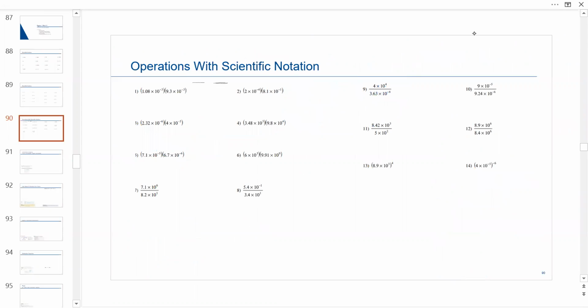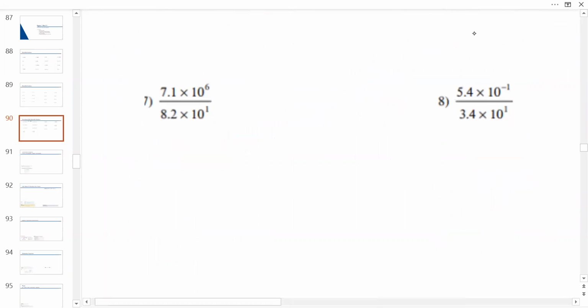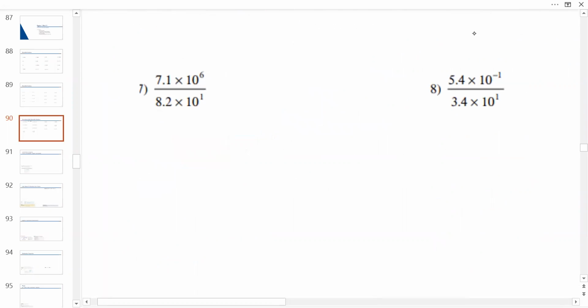How do they do the divide? When they do the divide, let's go back to the general one more time. So A times 10 power n, and divide B times 10 power m.